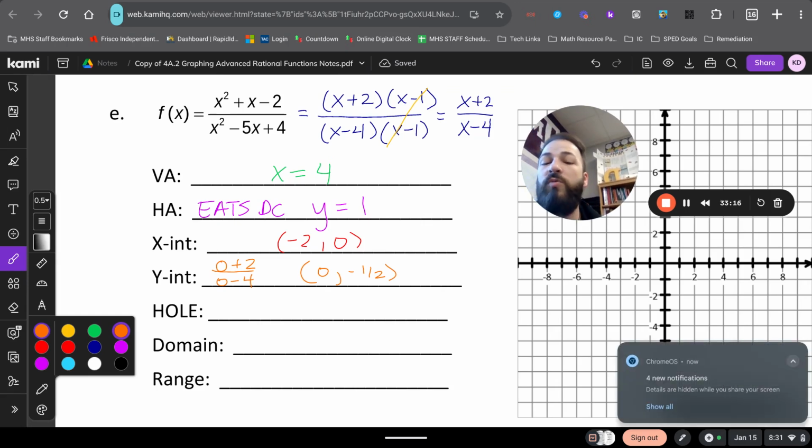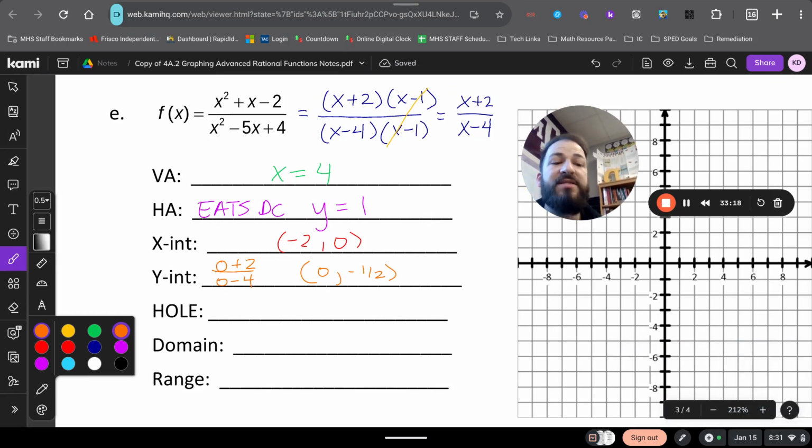And then our hole, which we've usually been saying none, this time we do actually have a hole. So that x minus 1 and that x minus 1 cancels out, which means we have a hole at 1. It has an x value of 1. We take that x minus 1 and set it equal to 0, and we get x is equal to 1. Then we plug that 1 into our simplified function.